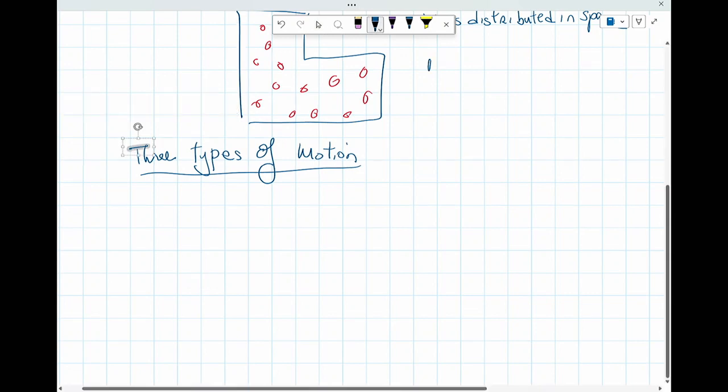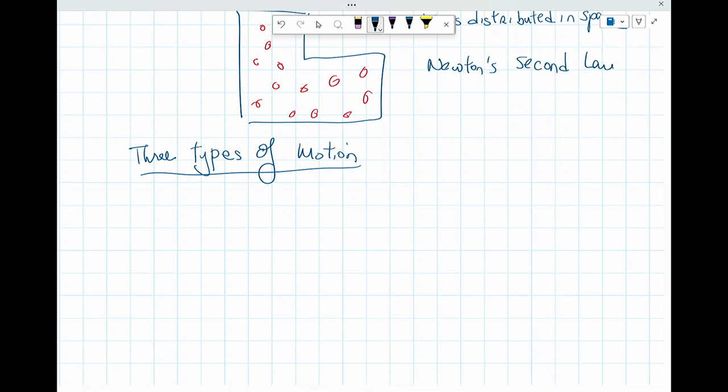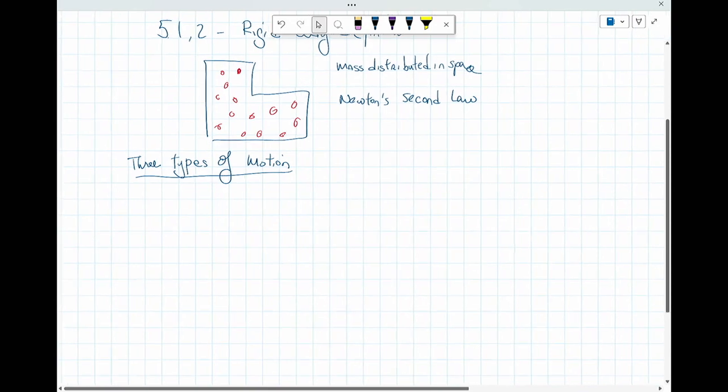Oh, other thing. This is important to remember, but it's not that concerning.